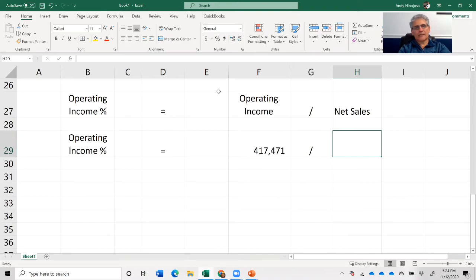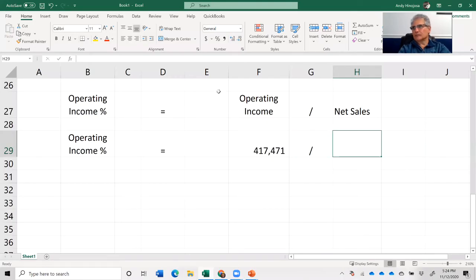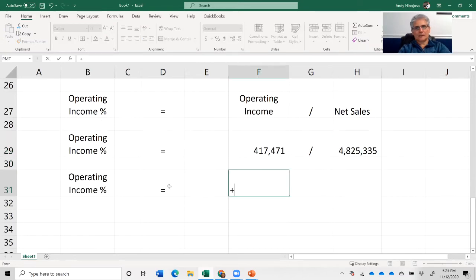And we're going to divide that by net sales. And we've actually looked this up already, so 4,825,335. Operating income divided by net sales will equal 8.7%.